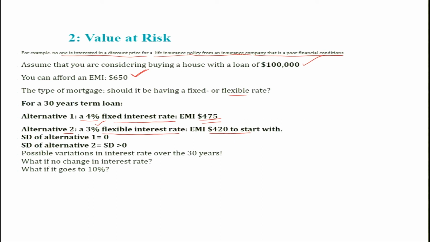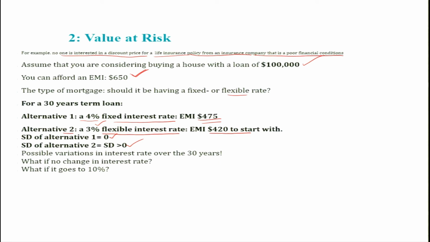In the case of investment 1, the standard deviation is 0. In the second case, we do not know exactly the standard deviation without knowing the market rate of interest, but it is obviously greater than 0, because the market rate of interest may change.